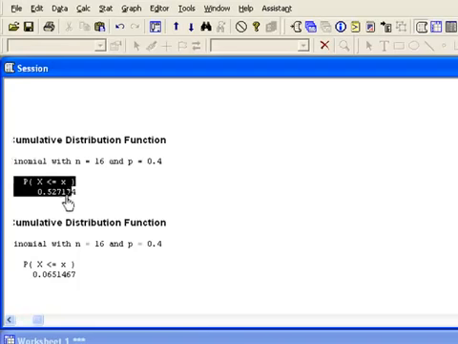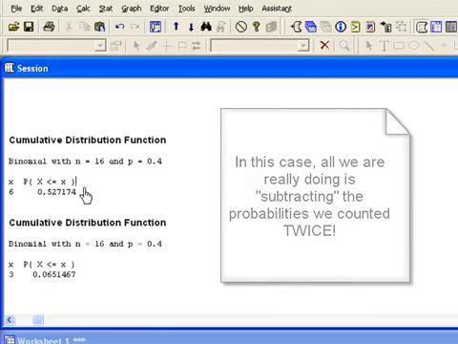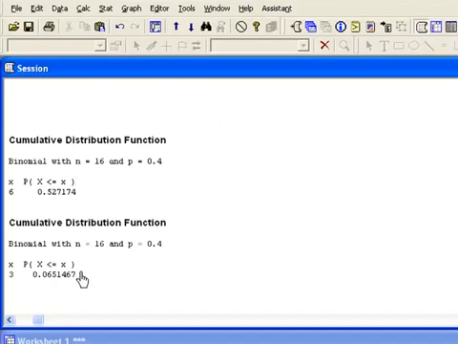This number right here includes this number, because the probability of x equal to or less than 6 includes the probability that x is less than or equal to 3. So I'm simply going to take the difference and back out what I counted twice. What did I count twice? The probability that x is less than or equal to 3.